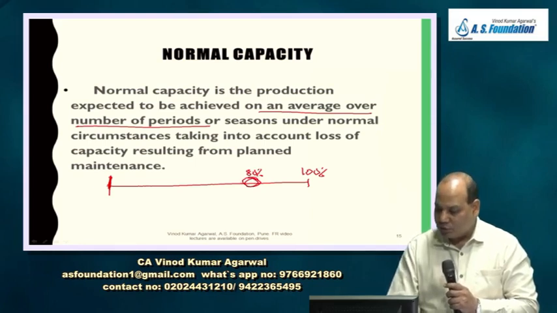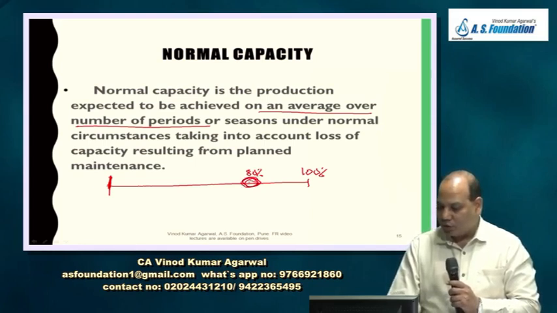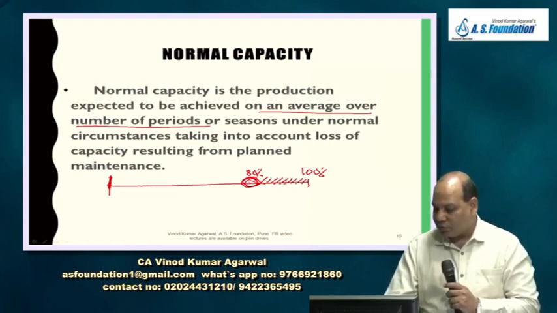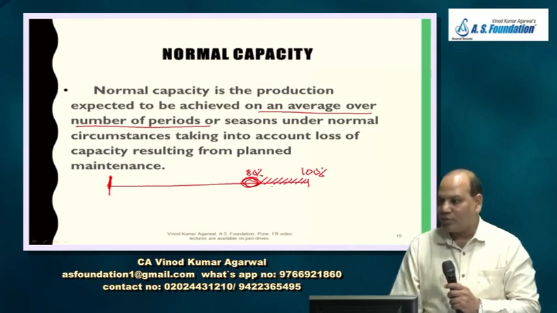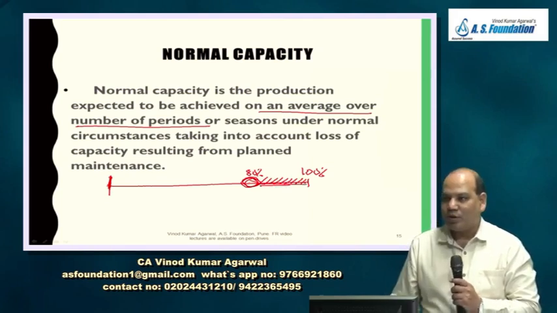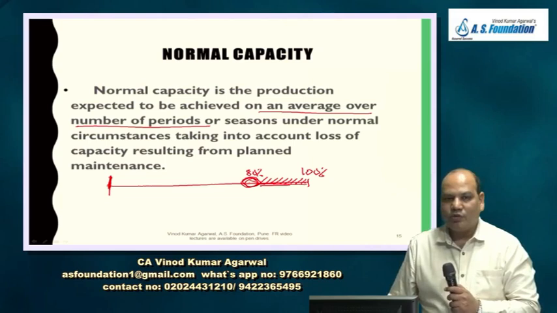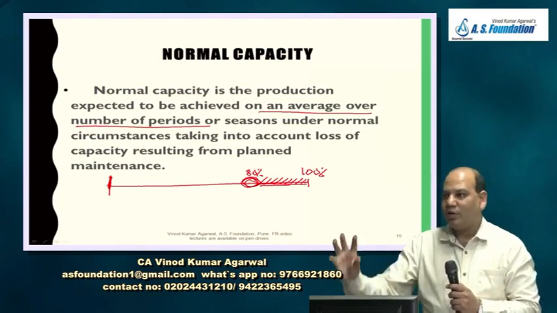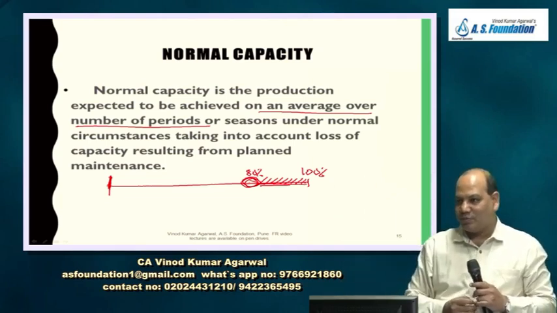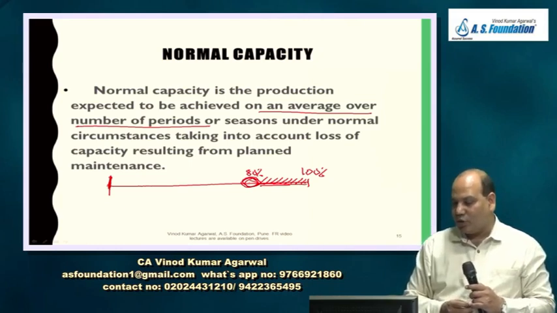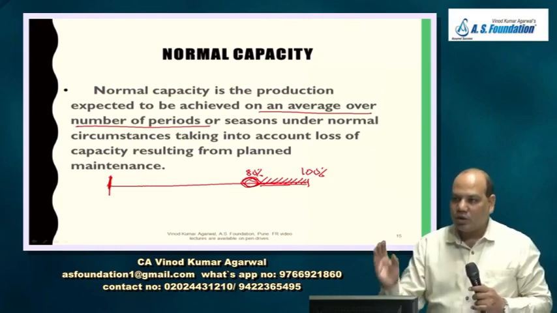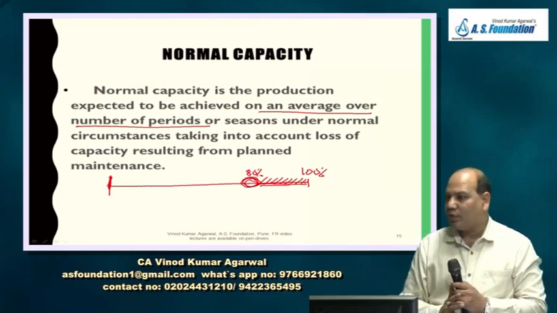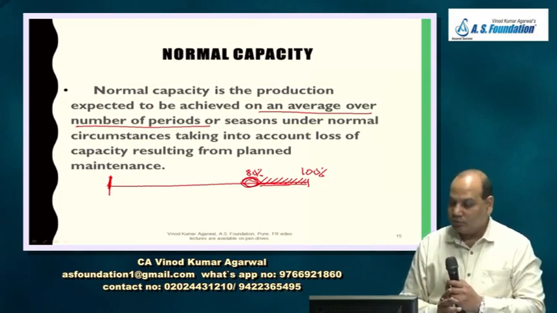While calculating this normal capacity, you have to take into account that you will not be able to utilize the full capacity. Some loss is going to be there. Throughout the year you can't produce. Sometimes we have to undergo some kind of maintenance program. Sometimes the nature of the business is such that every day or every month you can't produce the same quantity. So what we need to see is, in the long run, what percentage of capacity is utilized.